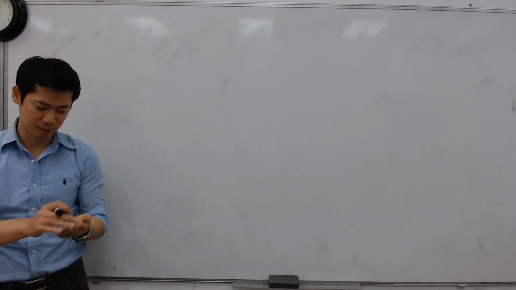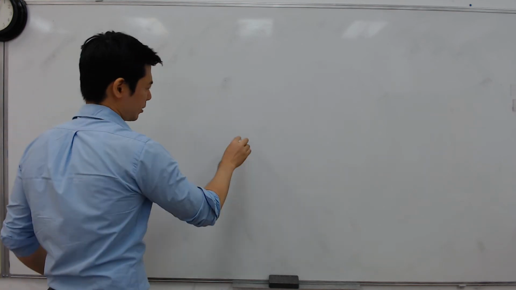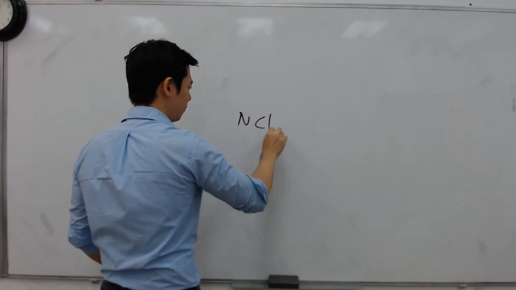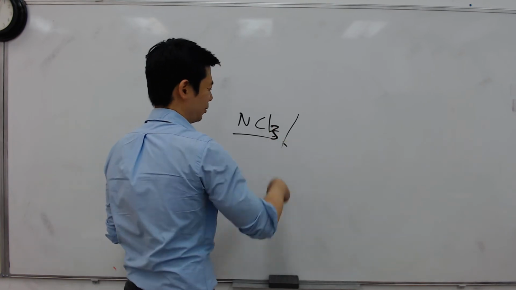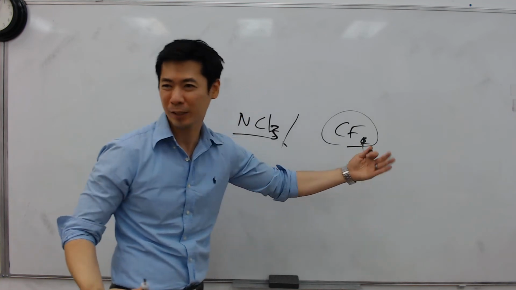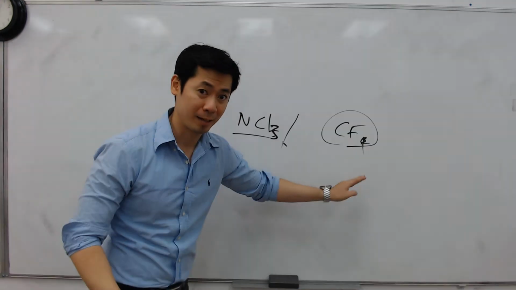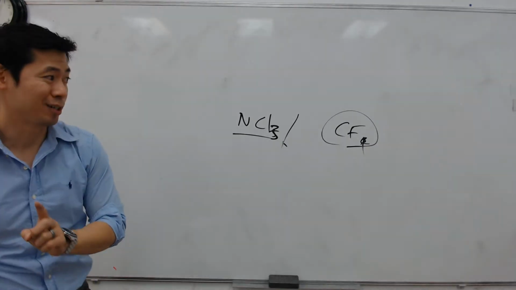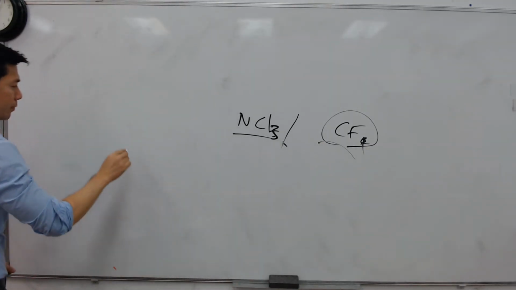When you draw NCl3, or even CF4, there's a little issue here, because when I draw CF4, this is what you get.